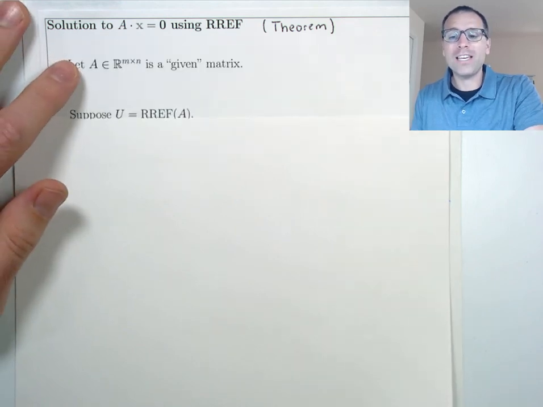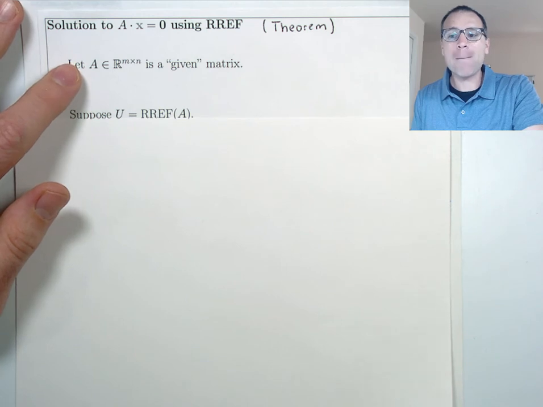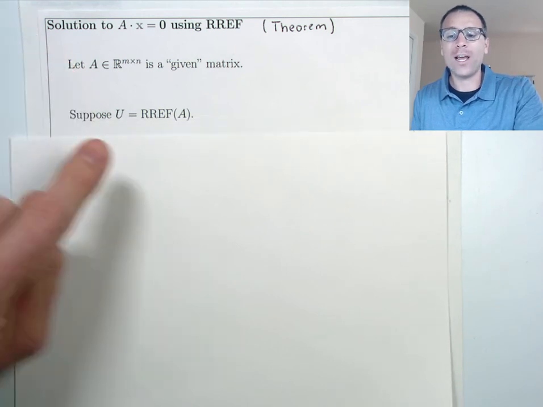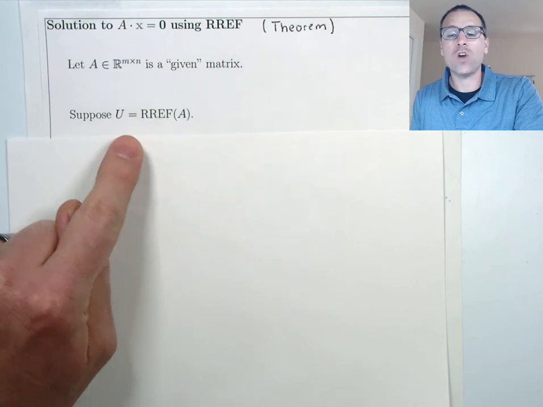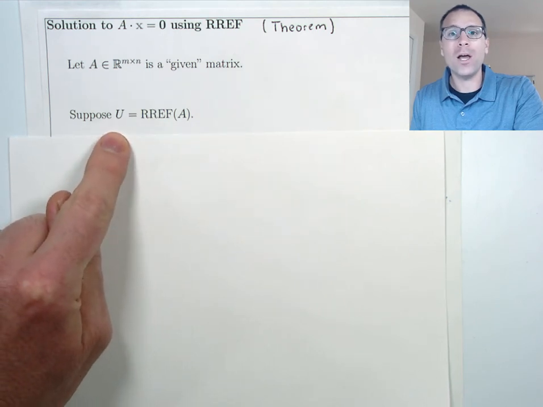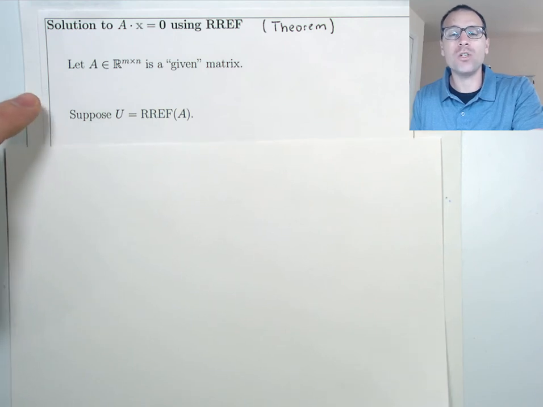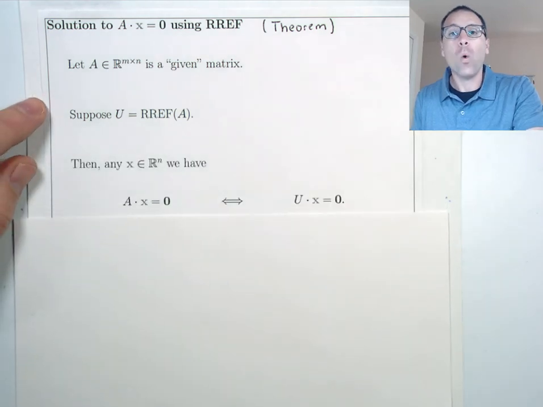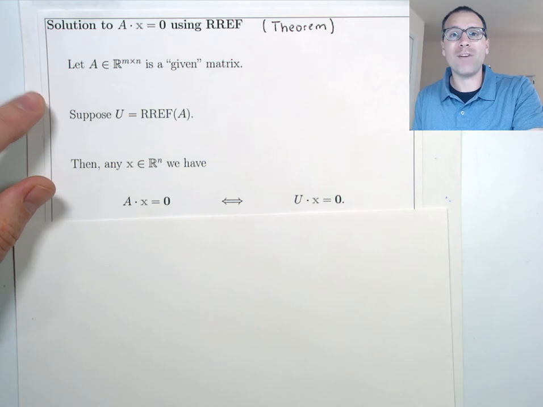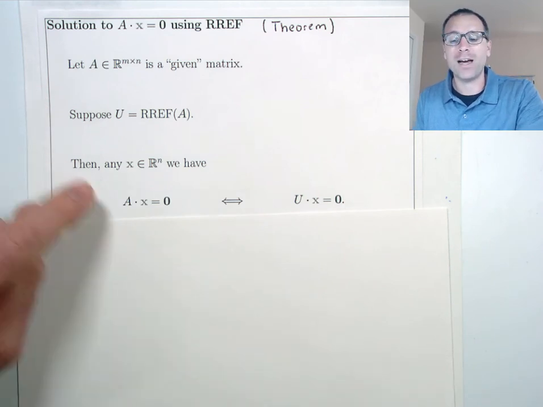If we start with a given m by n matrix, and then we transform that matrix to its reduced row echelon form U by a sequence of left multiplications using elementary matrices, we're going to make the following claim. In fact, we've already kind of gotten our first taste of that.